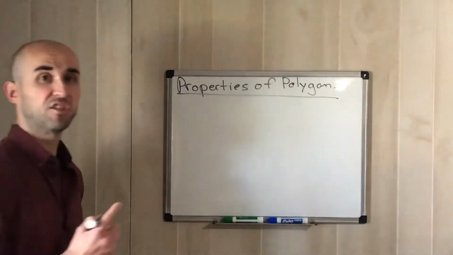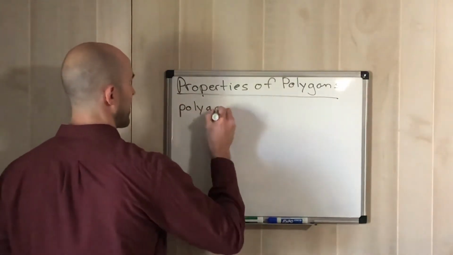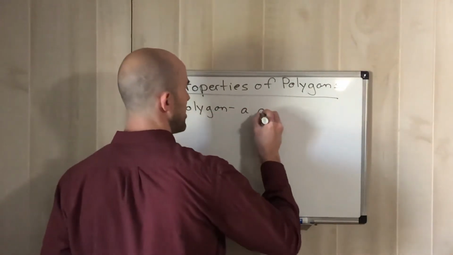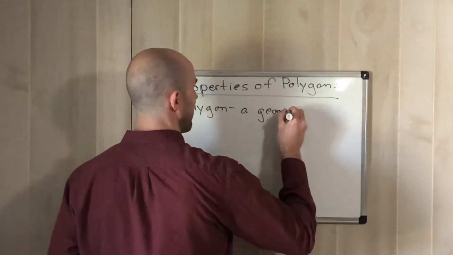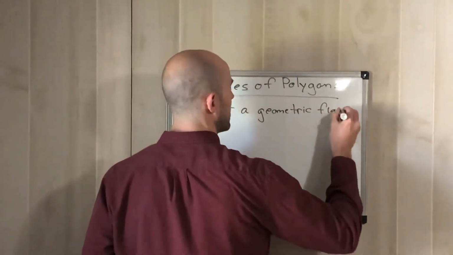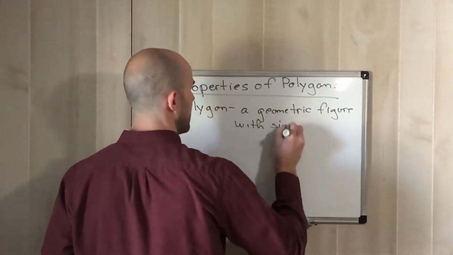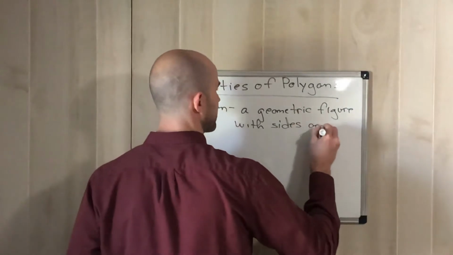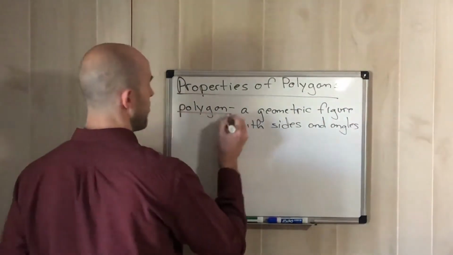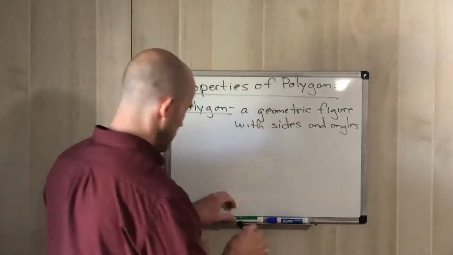Now, the main definition of a polygon, and this is the most important thing, is a geometric figure with sides and angles, right? With sides and angles. There are a lot that you know, a lot that you don't know. Let's look at a few examples, right?